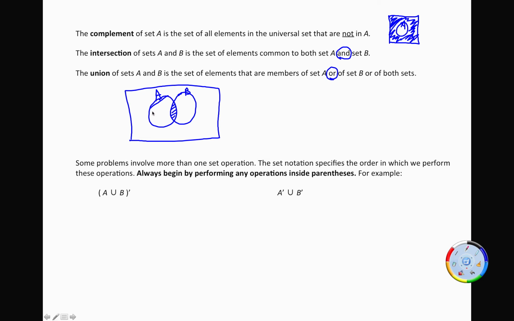So the union of sets A and B is this region.